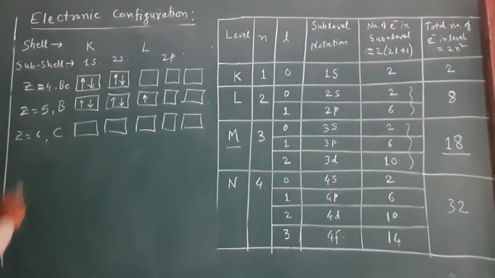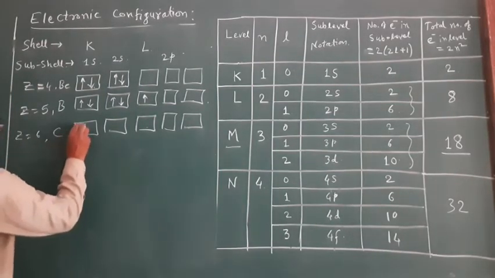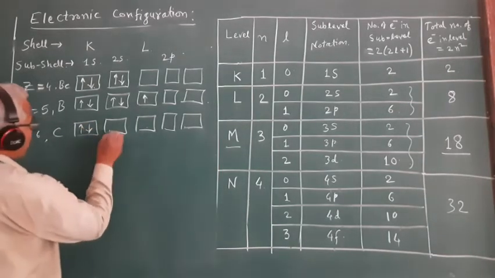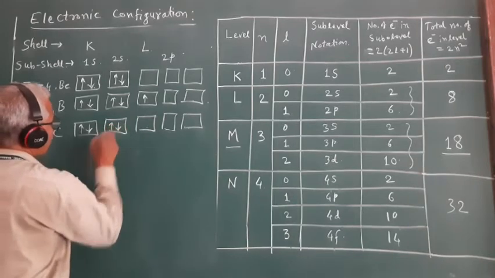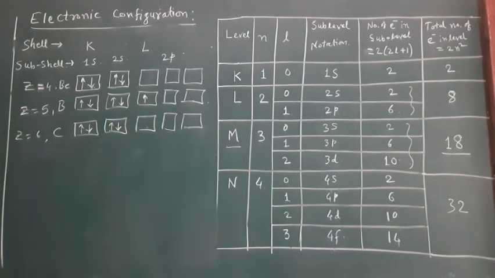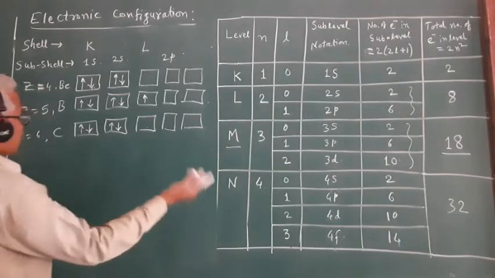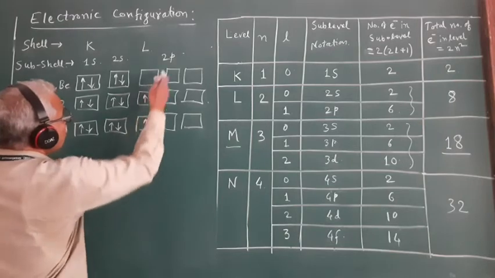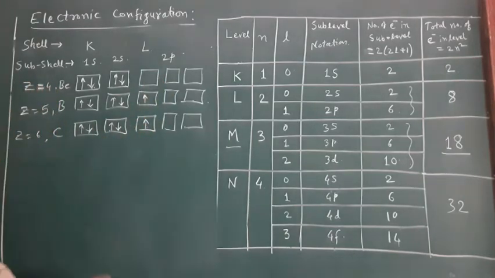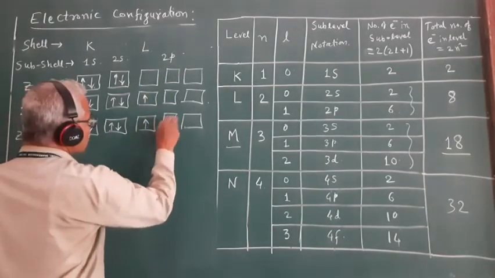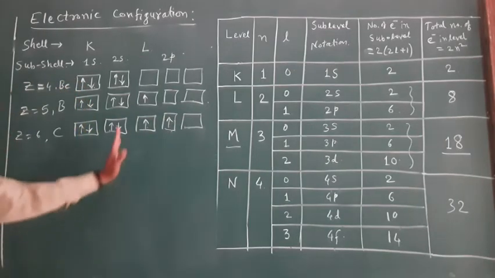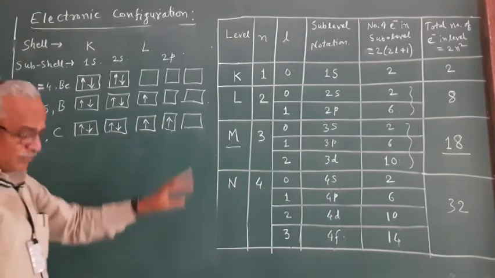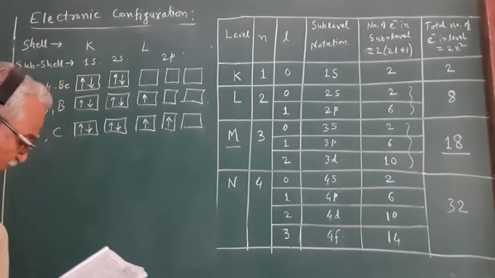Out of these 6 electrons of carbon, the first 2 electrons will be accommodated in the 1s subshell. The next 2 electrons will be accommodated in the 2s subshell, and the remaining 2 electrons will not enter into the first 2p level, but will enter into separate 2p levels.